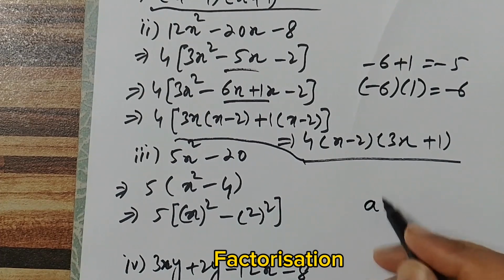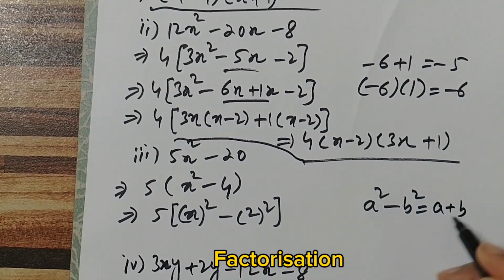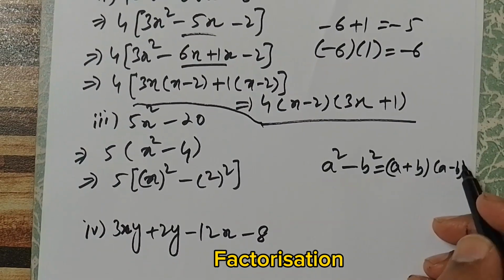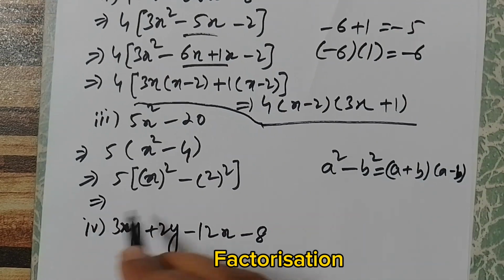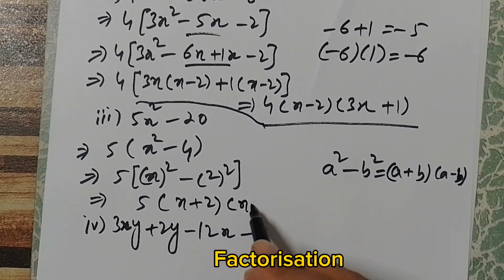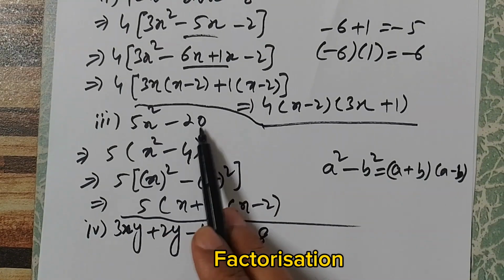So we apply the formula a square minus b square equals a plus b and a minus b. Using this formula or identity, we can factorize our given expression as x plus 2 and x minus 2, which will be the factors of our given expression.